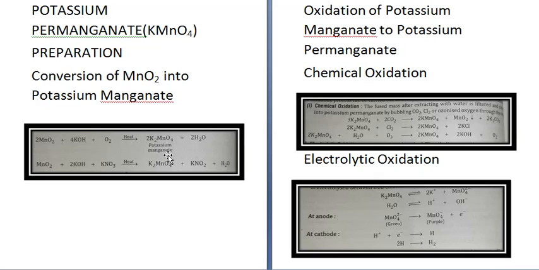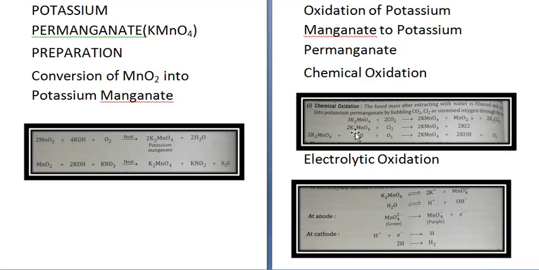The second step involved is oxidation of potassium manganate to potassium permanganate. This can be carried out either by chemical oxidation or by electrolytic oxidation. In chemical oxidation, the fused mass after extracting with water is filtered and converted into potassium permanganate by bubbling carbon dioxide, chlorine or ozone into the solution.